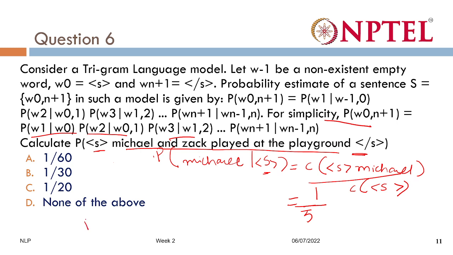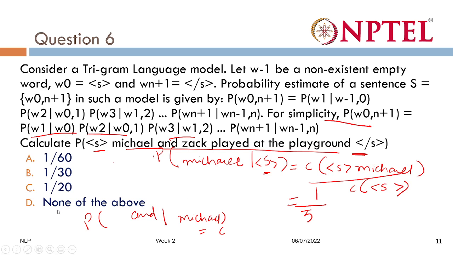Now what is the probability of and given Michael? So what will be your formula here? Any answers? Count of Michael and by count of Michael?